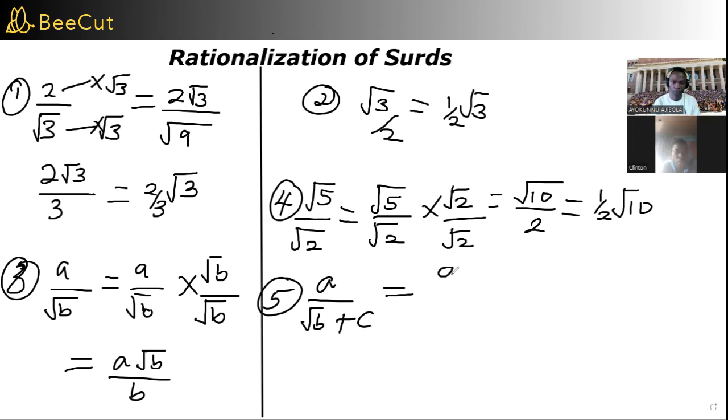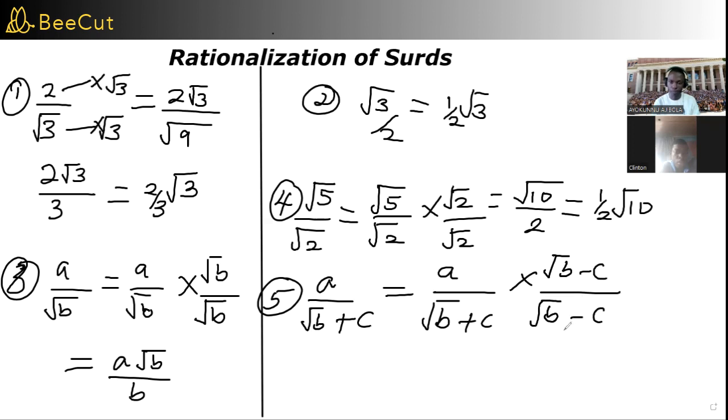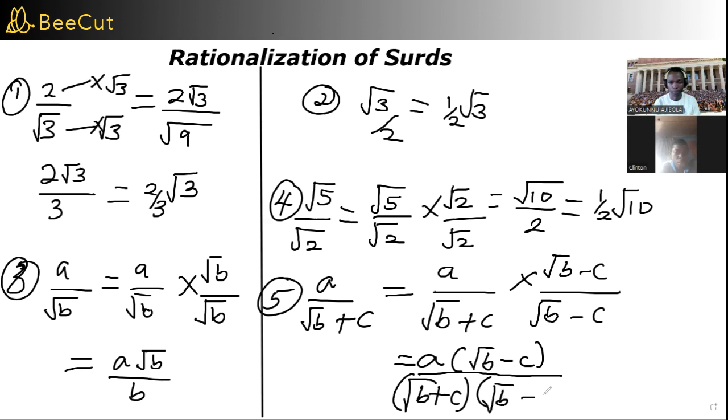So this will become a over root b plus c times root b minus c over root b minus c, such that you multiply the one above, then you have a into root b minus c, all over root b plus c, then multiplied by root b minus c.